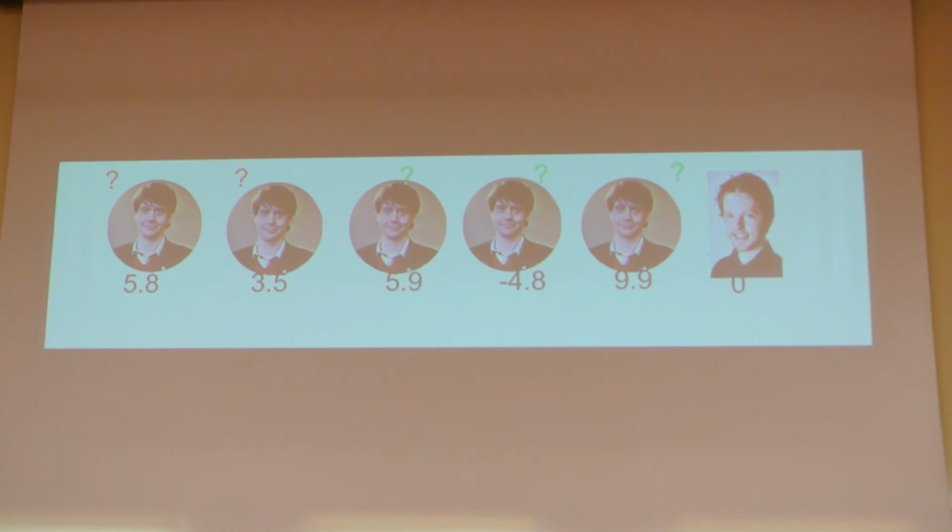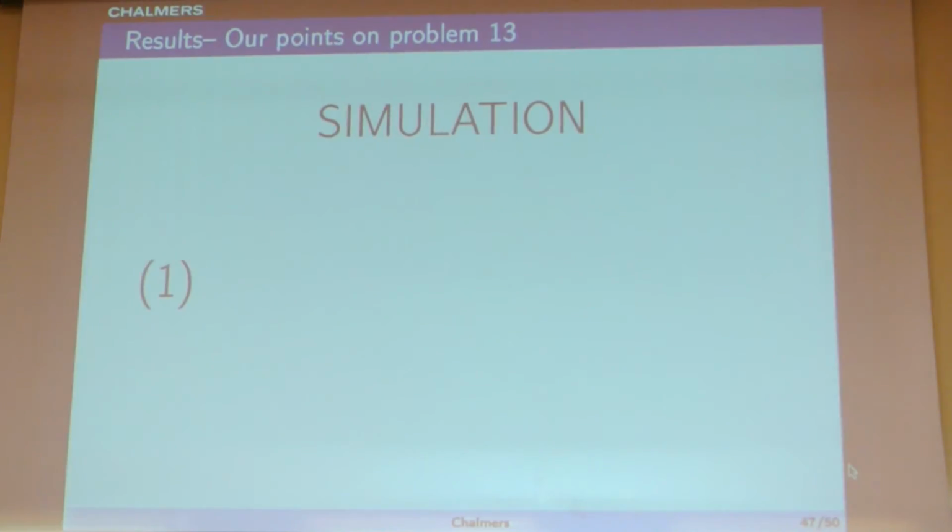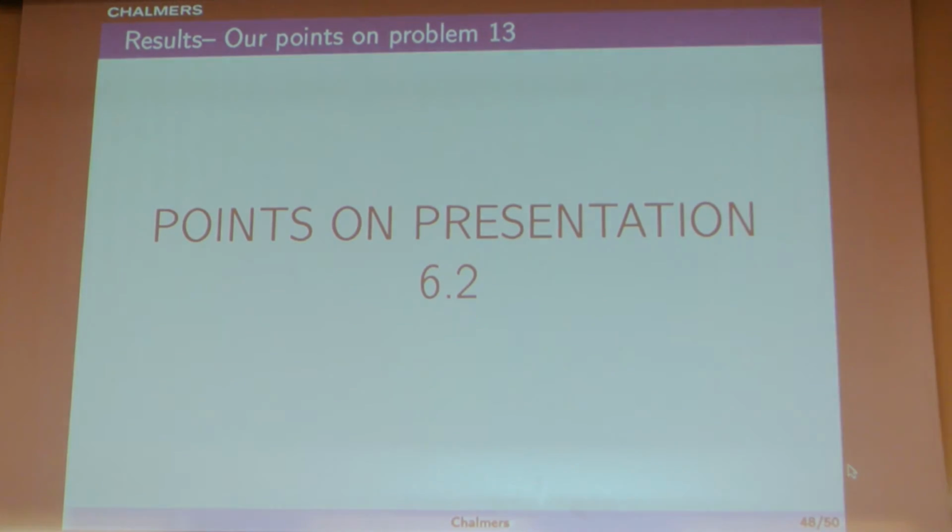So we did get quite good rates. However, we didn't do the simulation until it was too late to actually present the problem solution. So if we would have been a bit more encouraged, this might have been good.